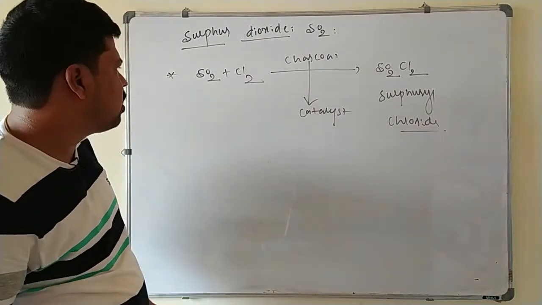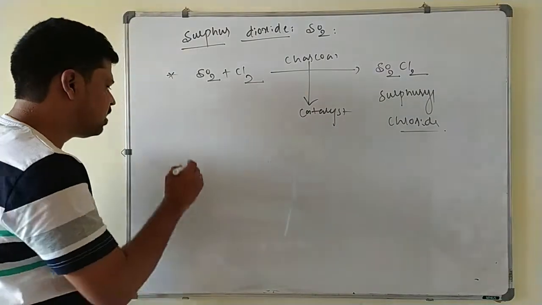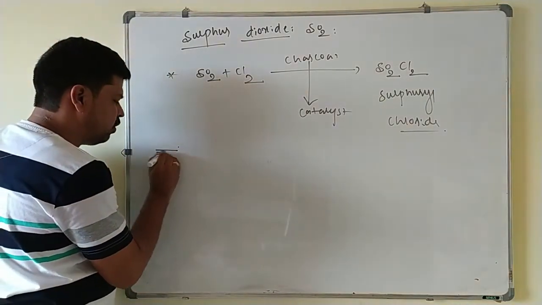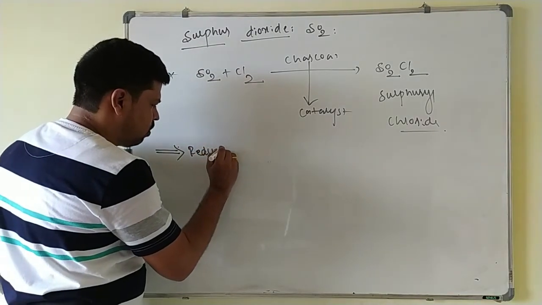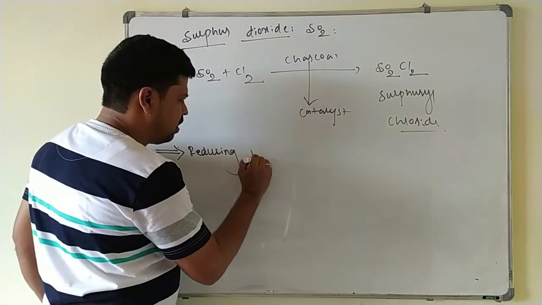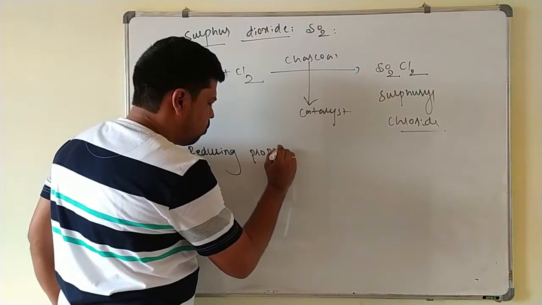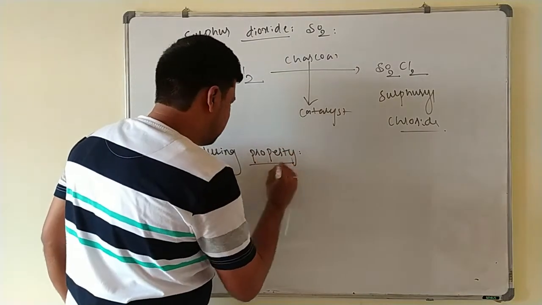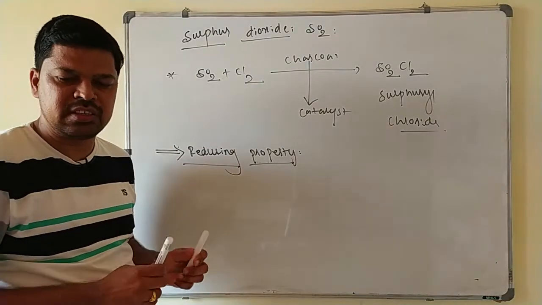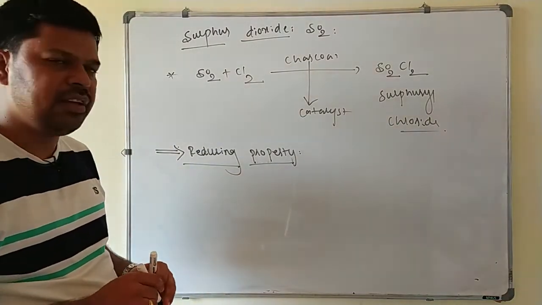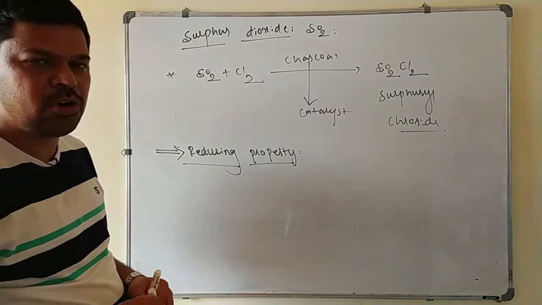Okay, the next important property of SO2 is SO2 acts as reducing property, all right. Reducing property of SO2. So here this SO2 acts as what? Reducing agent. Already in the oxides we have discussed that reducing property of SO2, because this SO2 undergo what?